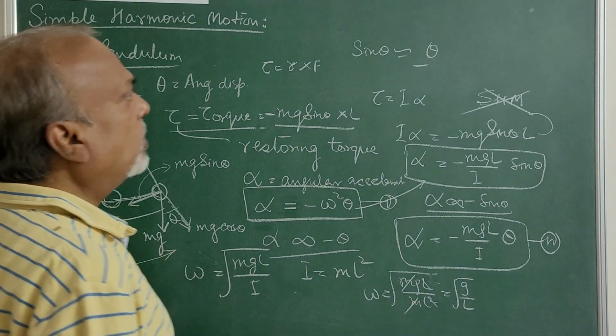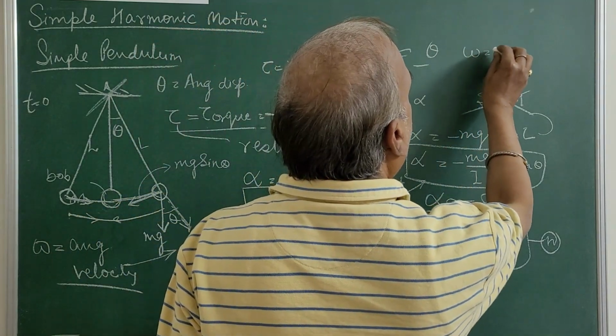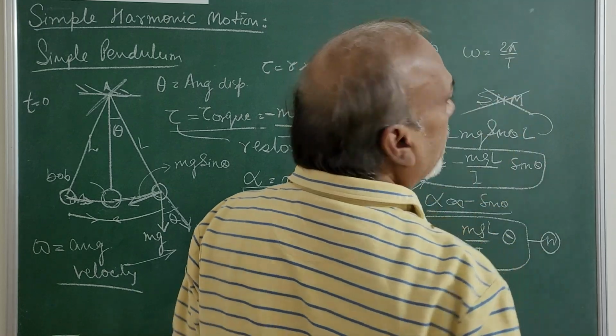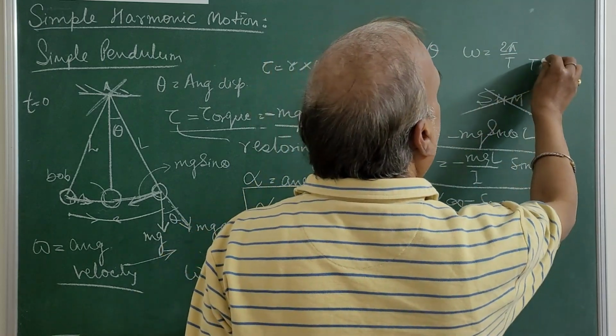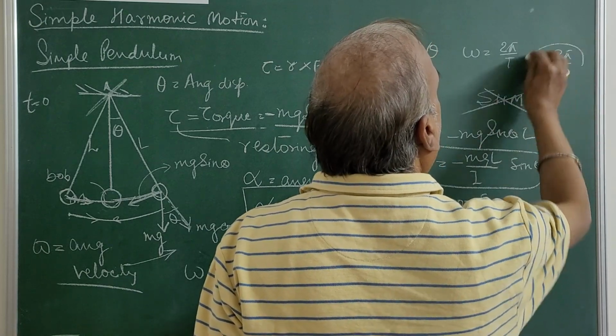Angular velocity, you know what angular velocity is? Omega is nothing but 2 pi upon T. Correct? Then T is equal to 2 pi upon omega.